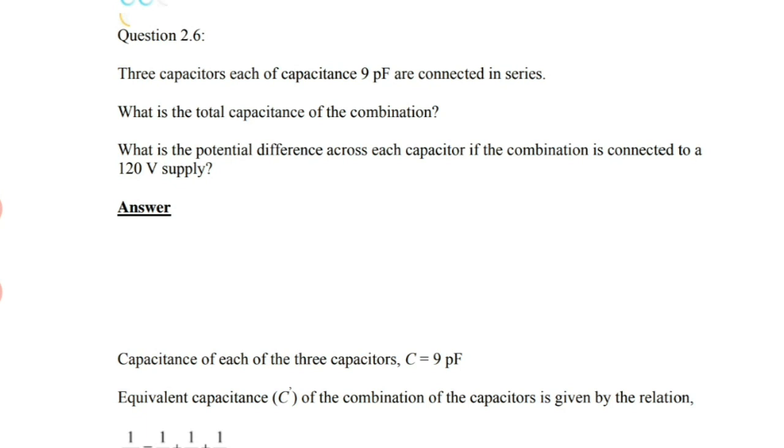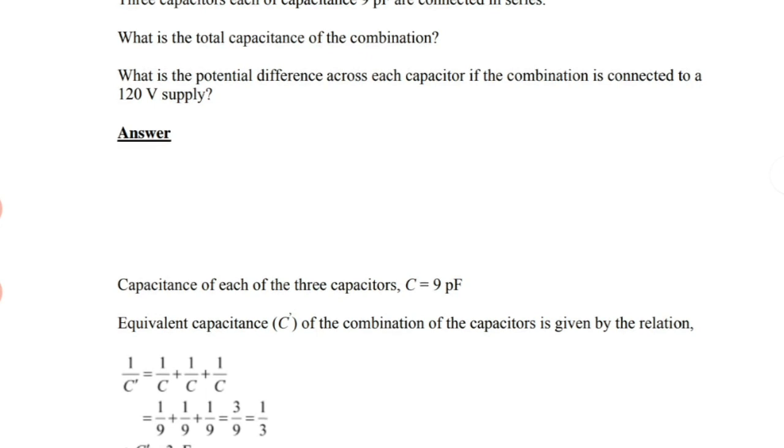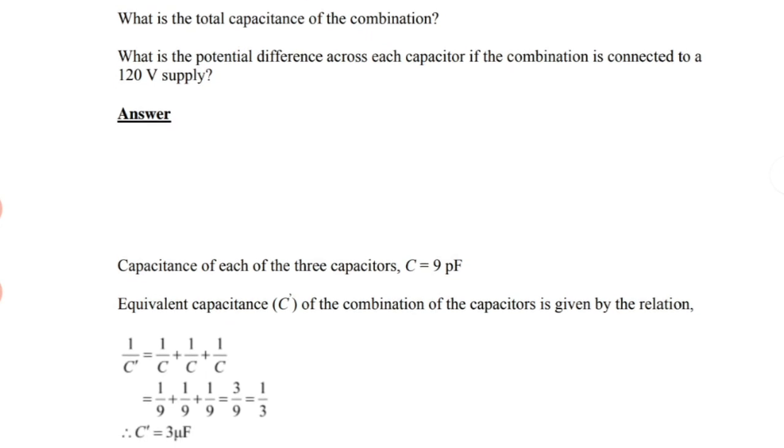Now question 2.6. 3 capacitors of capacitance 9 picofarad are connected in series. What is the total capacitance? Easy one: 9 picofarad by 3, so it will be 3 picofarad. Then what is the potential difference across each capacitor if the combination is connected to a 120 volt supply?